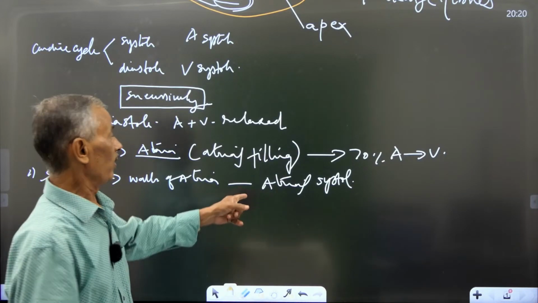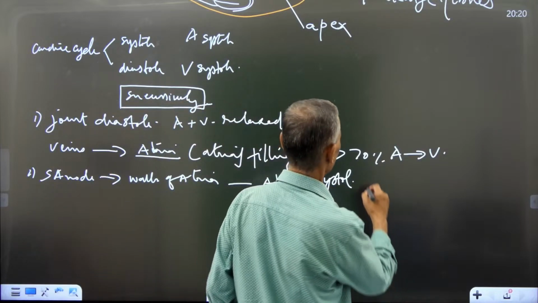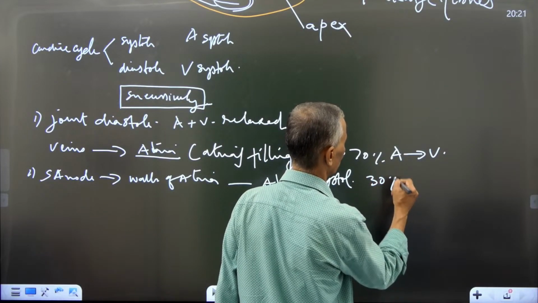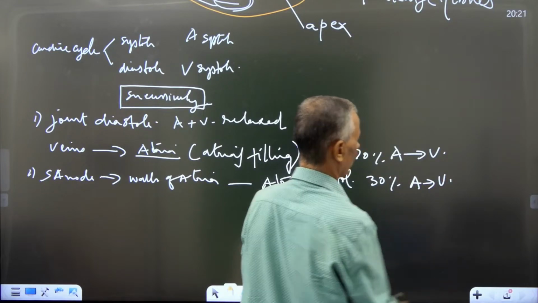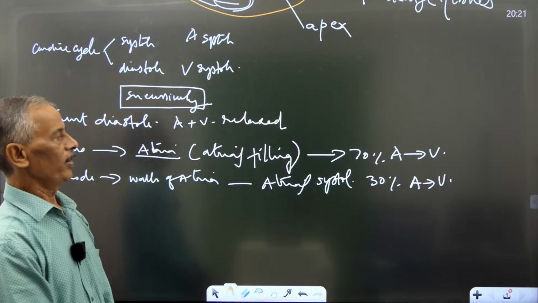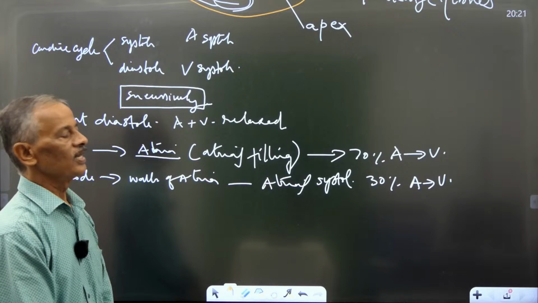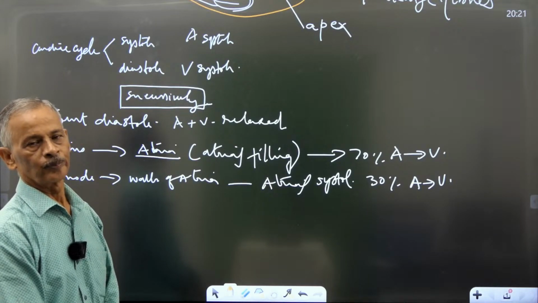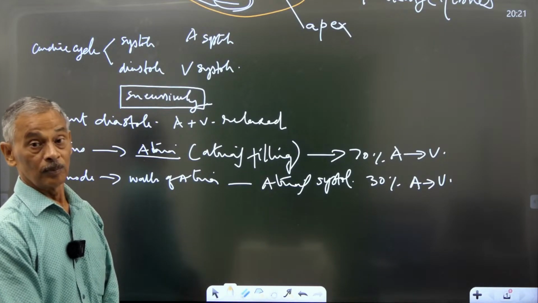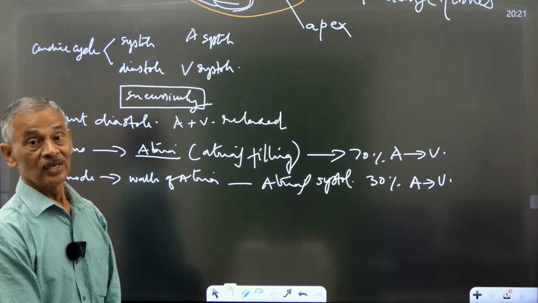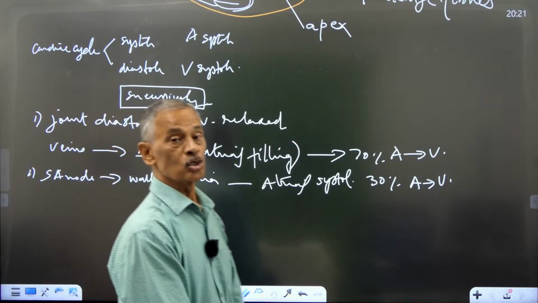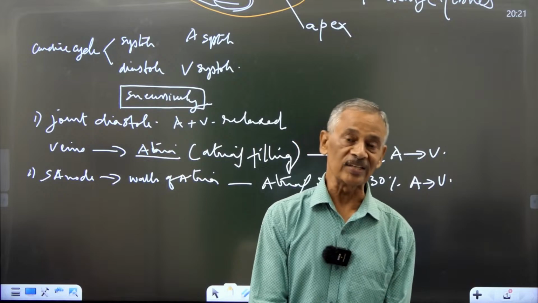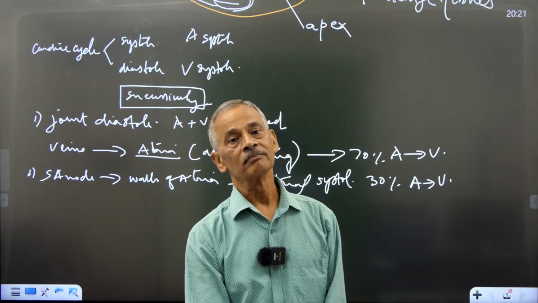Now, when the atrium is undergoing contraction, the remaining 30% of blood enters the ventricles from the atria. How is the blood entering? Because the tricuspid and bicuspid valves are forced open, because the pressure inside the atria is increasing.